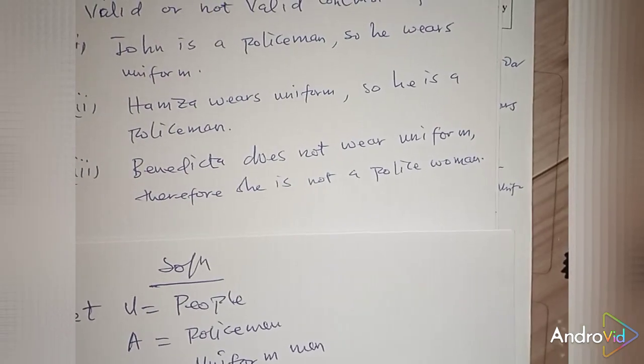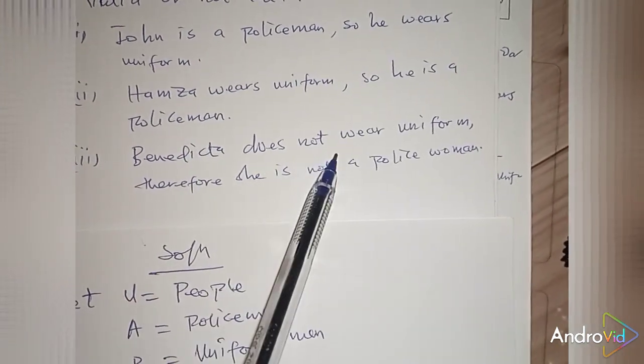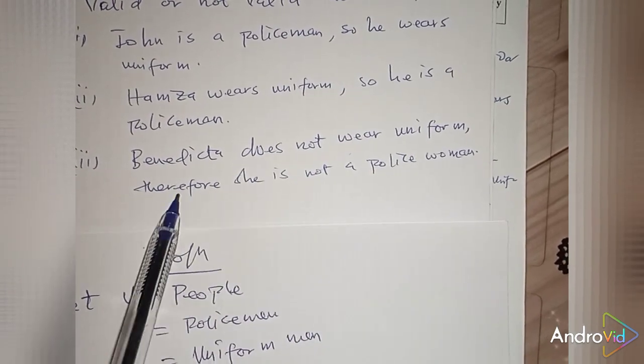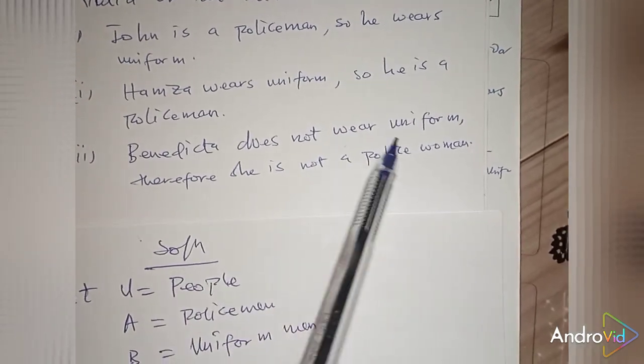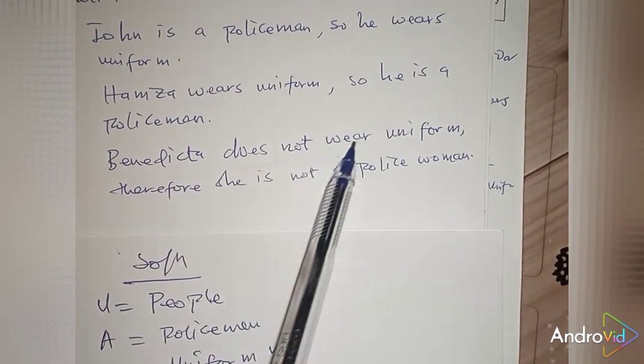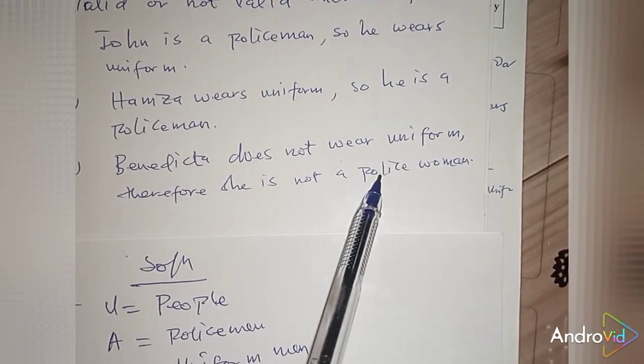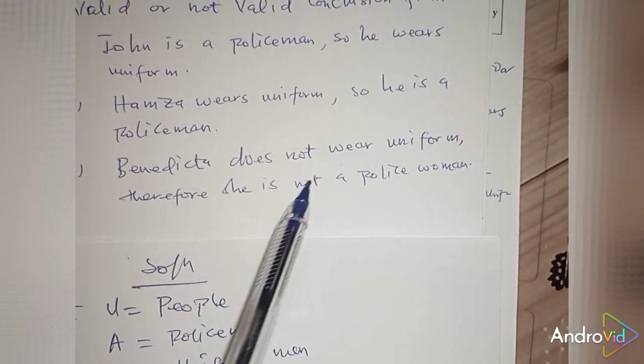Okay, so now the third item, which states that Benedicta does not wear uniform, therefore she is not a policewoman. So let's come back to our Venn diagram.